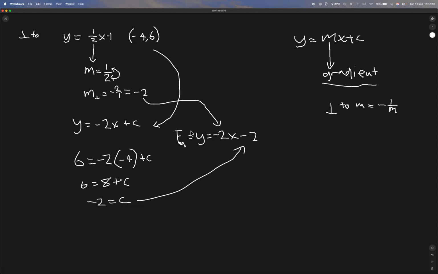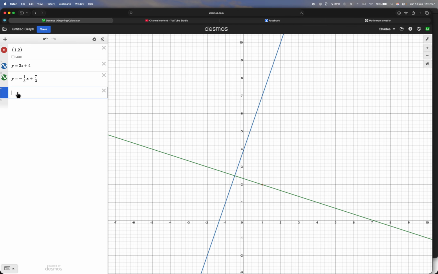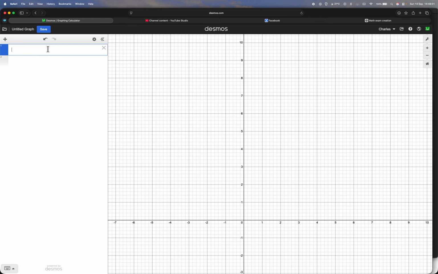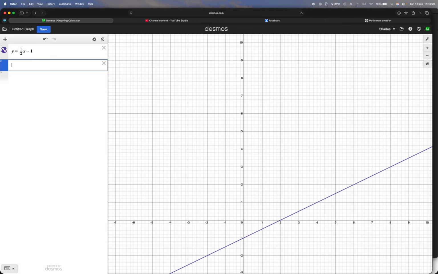I've drawn some arrows, so maybe that'll help, maybe that doesn't. Let's put that into Desmos. So y equals half x minus 1. So first line, now second one, y equals -2x minus 2.